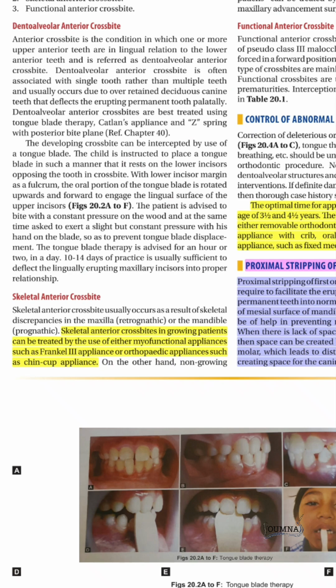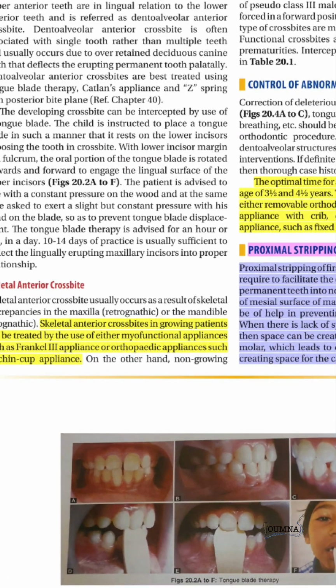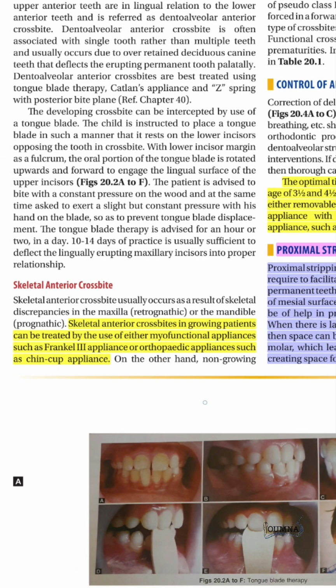But if the crossbite is skeletal, we must use a myofunctional appliance, which is the Frankel 3 appliance, or an extra oral orthopedic appliance like the chin cup.